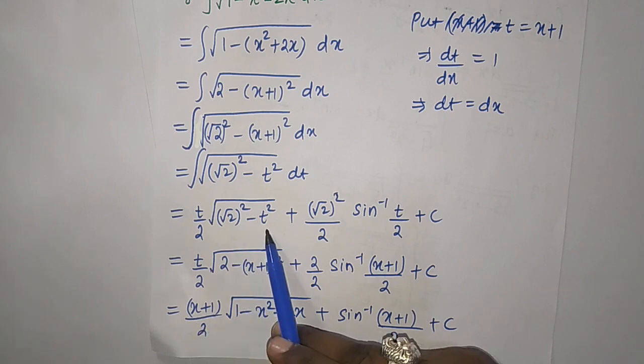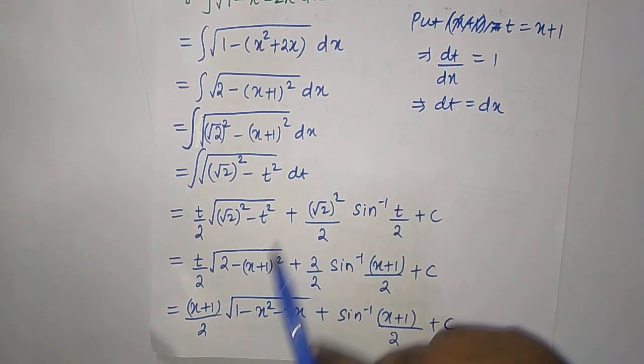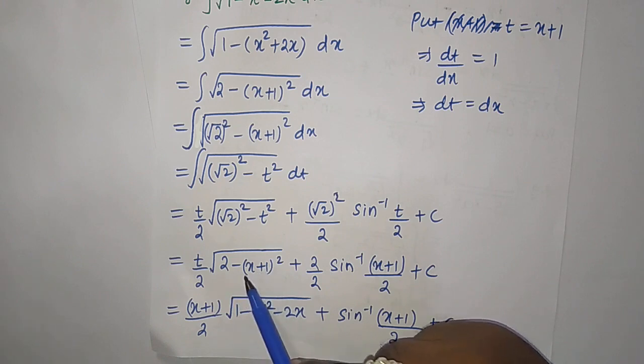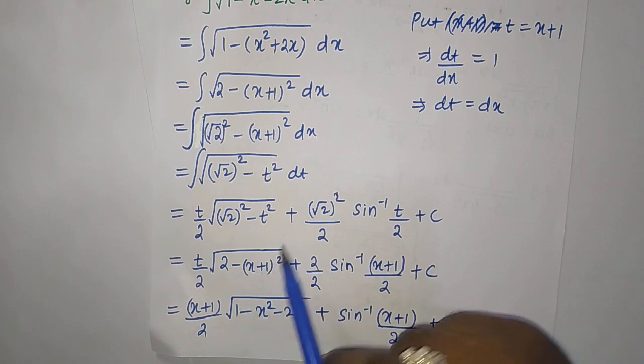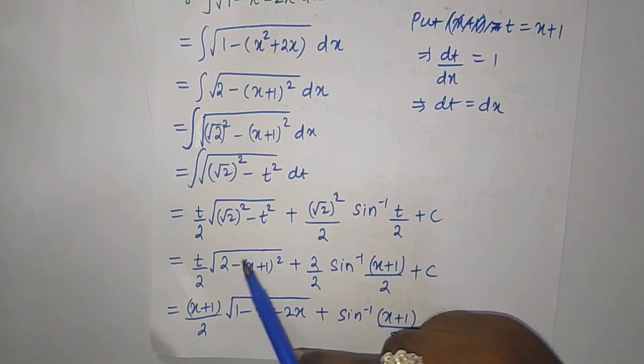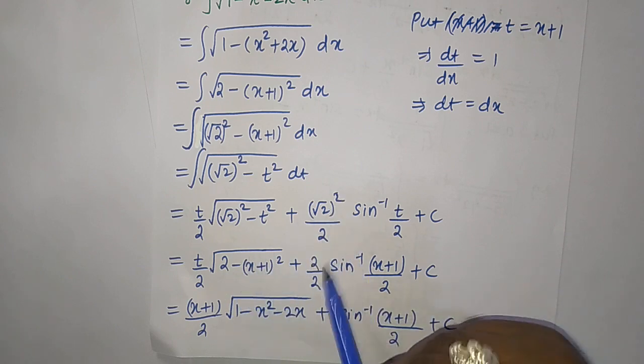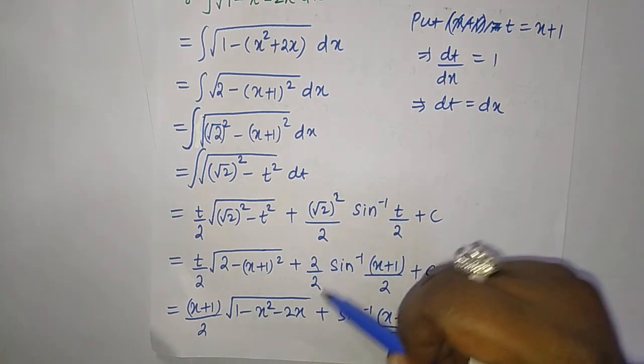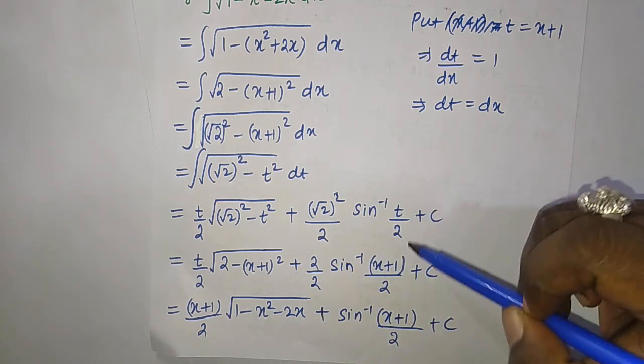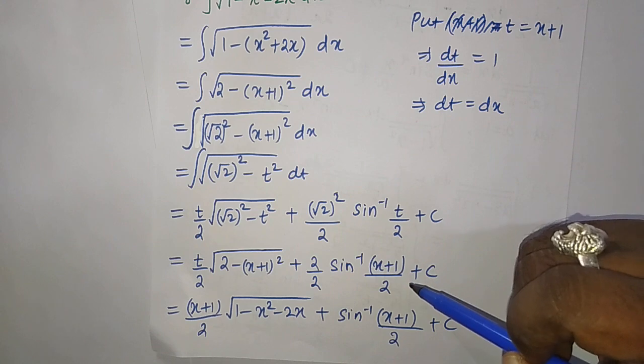Here I have put 2 minus x plus 1 whole square, since root 2 whole square is 2. And here root 2 whole square is 2, 2 by 2 is 1, so this term is cancelled out. Sin inverse t by 2 means sin inverse x plus 1 by 2.